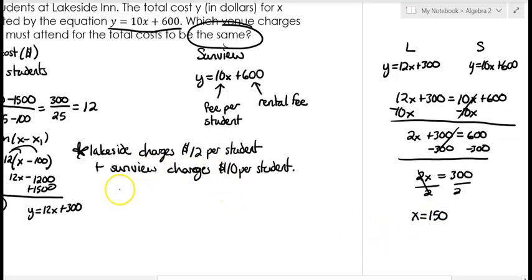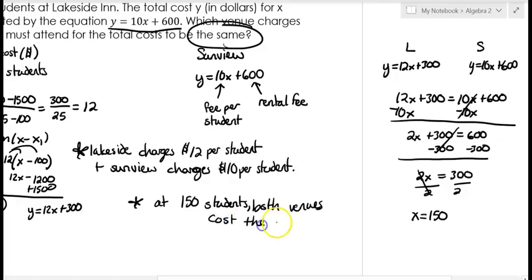So what that means is at 150 students, both venues will cost the same. So anytime it asks you to find when something is the same, it means equal. So you're going to set the two equations equal to each other and you're going to solve.